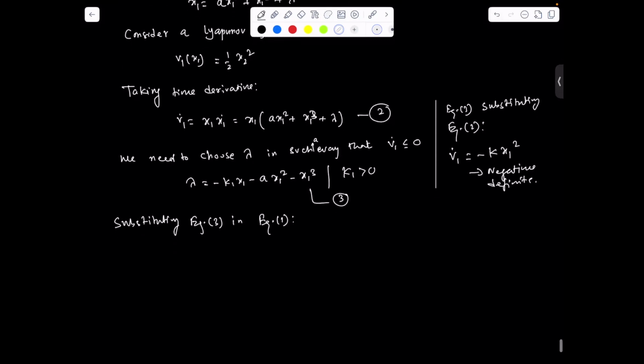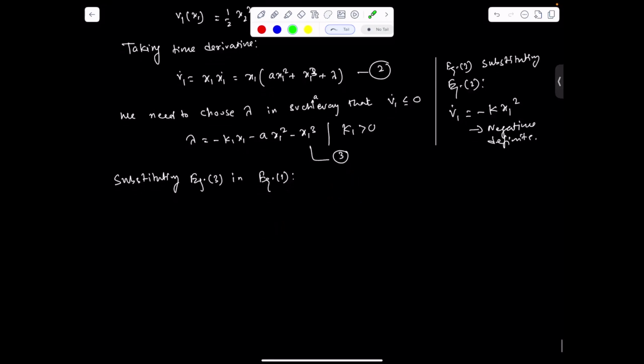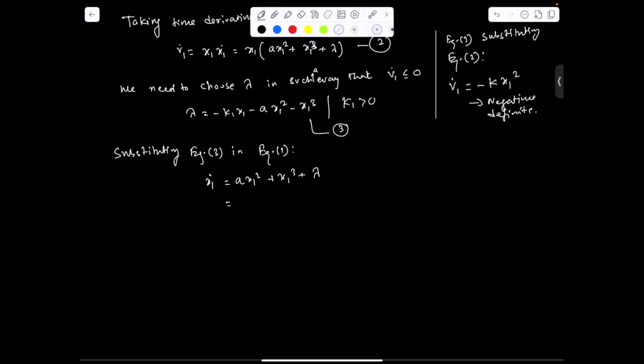Right? And now if you substitute equation 3 in equation 1, we have the x1 dynamics: x1 dot equal to a x1 square plus x1 cube plus lambda, or we can write a x1 square plus x1 cube minus k1 x1 minus a x1 square minus x1 cube.